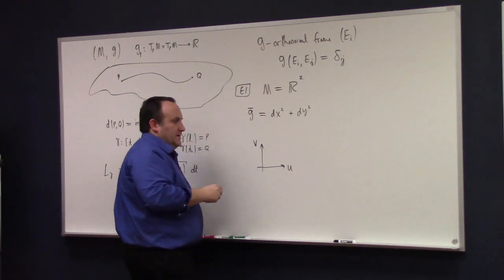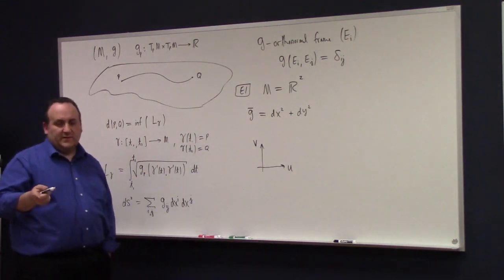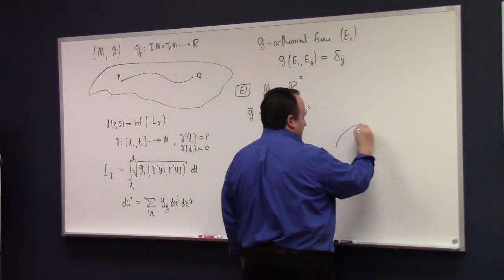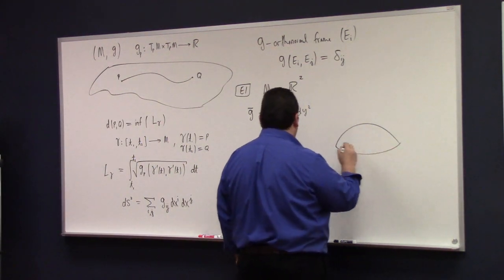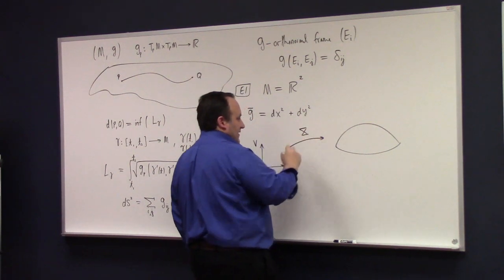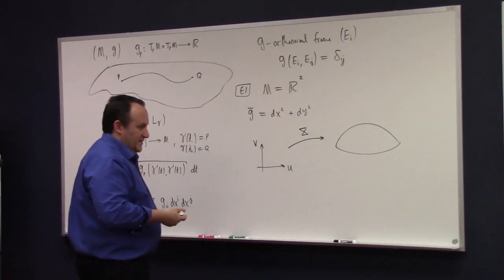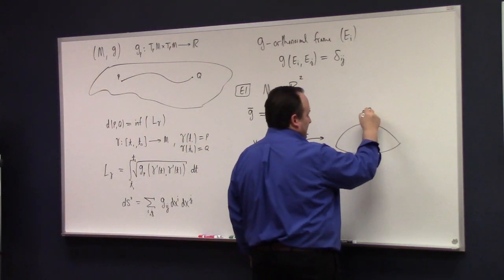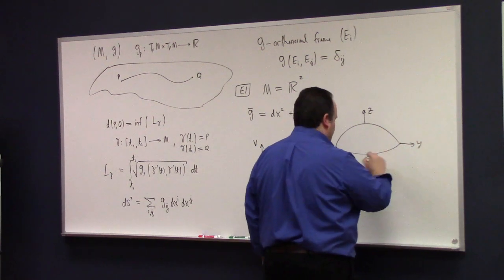Okay, so we can parameterize the upper half of the sphere. Let's call it big X. I like to use that for the parameterization. Over here, let's say I've got Z, Y, and X as usual.